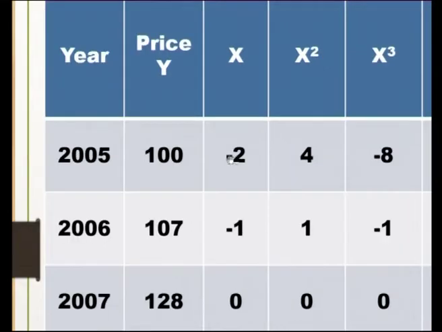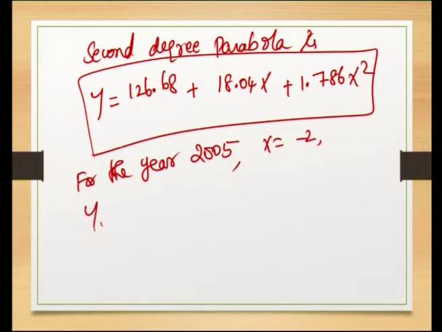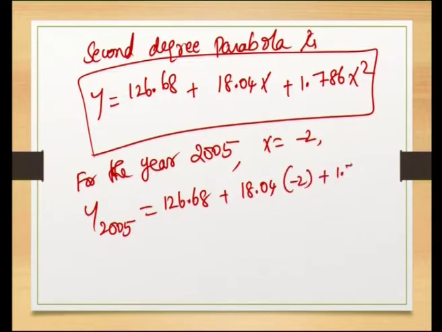We shall see this, that is, for the year 2005 x is minus 2 and x square is 4. So, we shall see how this is calculated for the year 2005. X is equal to minus 2, therefore, y at 2005, that is the trend value, is 126.68 plus 18.04 into minus 2 plus 1.786 into minus 2 whole square.